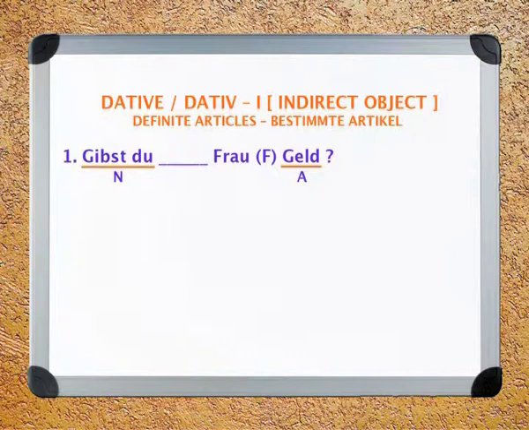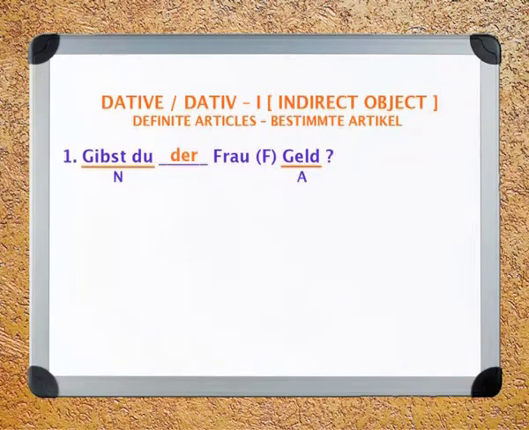We write the answer there because here dative, as I told you, becomes the beneficiary of any action in the sentence. So, here the indirect object is Frau or the dative object is Frau, and here the article for die Frau, as you know from the table, becomes der Frau.